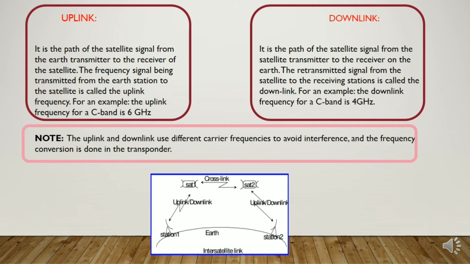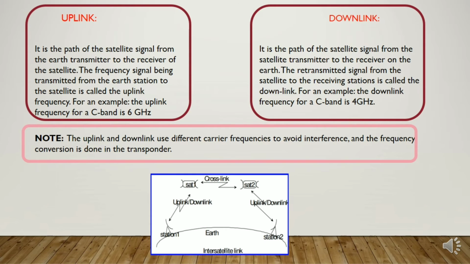As we can see from the photo there, station one is on the Earth, and the satellite is in the space, and we call it uplink. And crosslink is between satellite to satellite, obviously. From satellite 2, it goes down back to station 2.